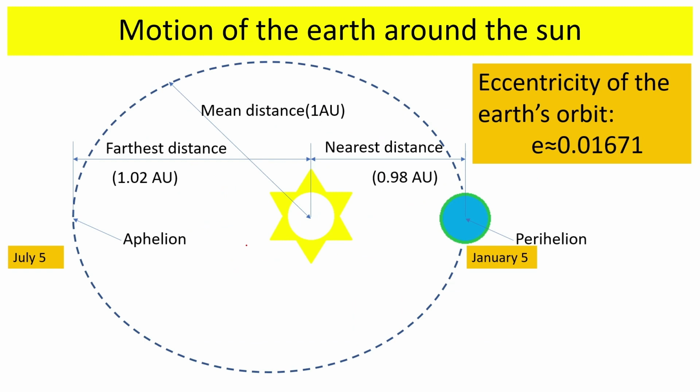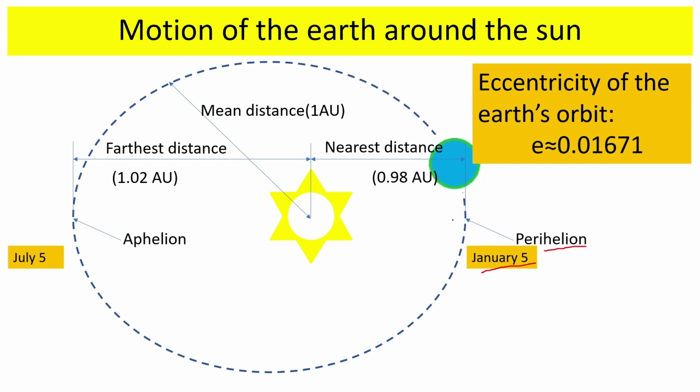Now, I discussed earlier that the distance between the sun and the earth is not fixed. It is changing because the earth is revolving around the sun in an elliptic orbit and the sun is at one of the foci, right? So the nearest point to the sun on the orbit is called perihelion, and it occurs on January 5, right?